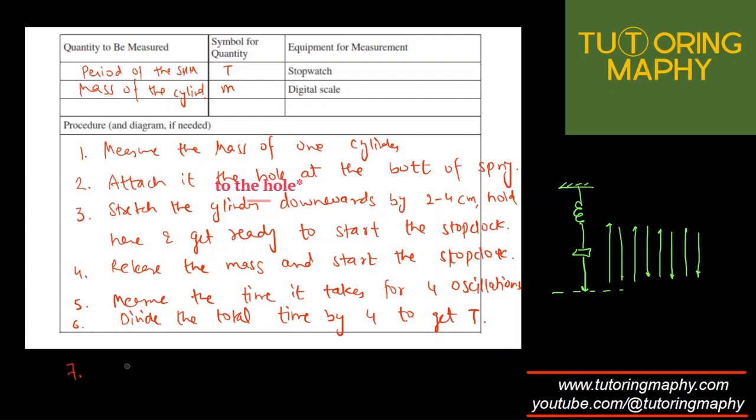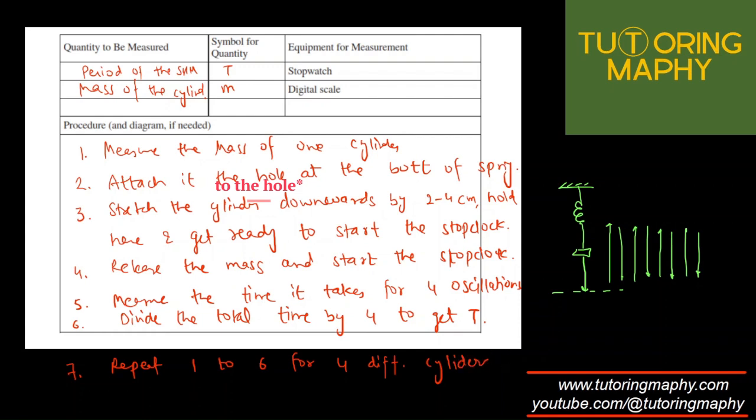So step 7 will be: repeat 1 to 6 for at least maybe 4 different cylinders.